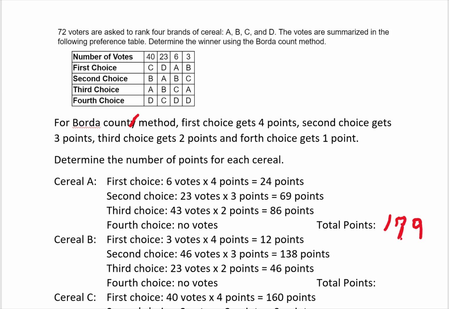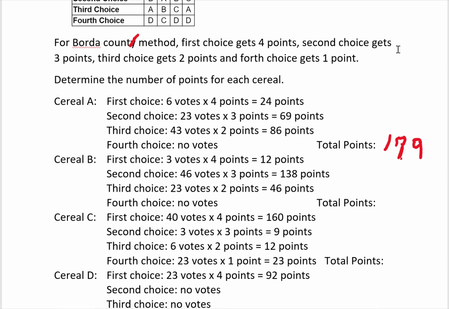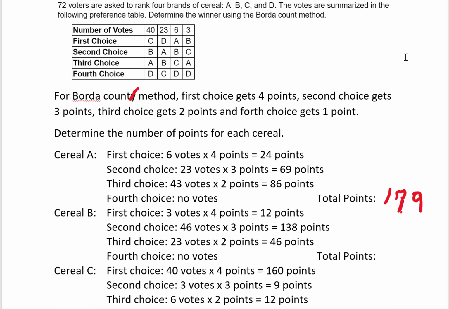Okay, for cereal B, I went through the same process. Cereal B in the first row has 3 votes. 3 times 4 points gives 12 points. In the second row, cereal B has 46 votes times 3 gives 138. In the third row, cereal B has 23 votes times 2 is 46.